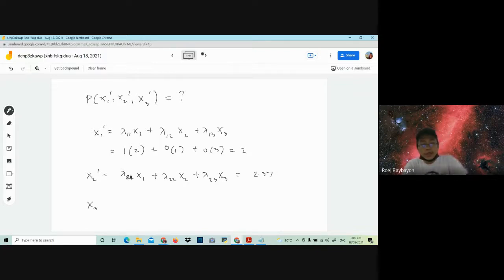And x3 prime is lambda 31 x1 plus lambda 32 x2 plus lambda 33 x3, which is equal to 2.10. In terms of x1 prime, x2 prime, x3 prime, this is 2, 2.37 and 2.10.